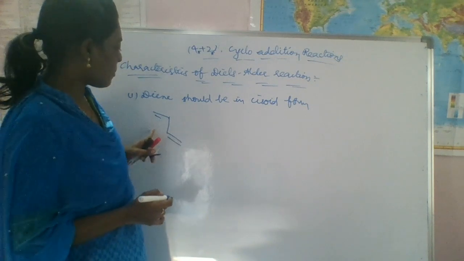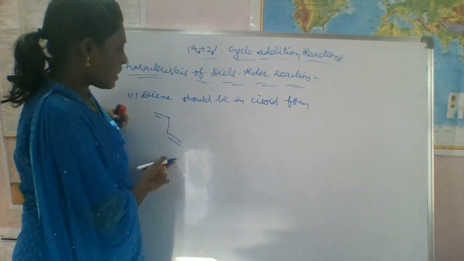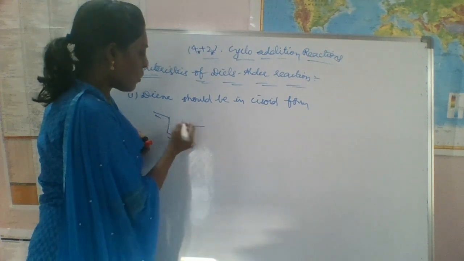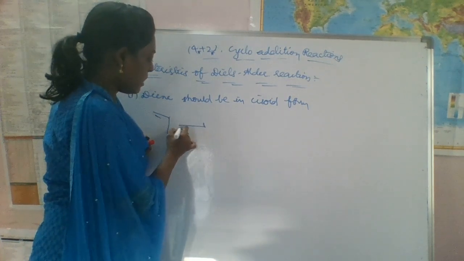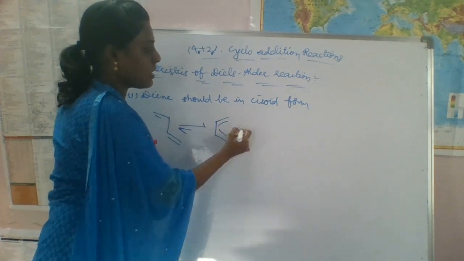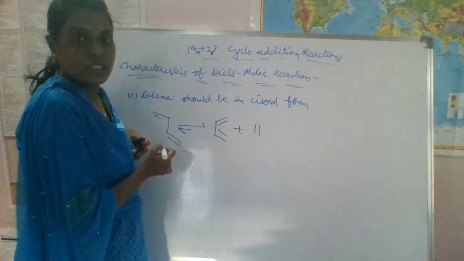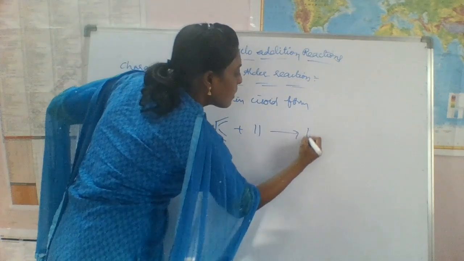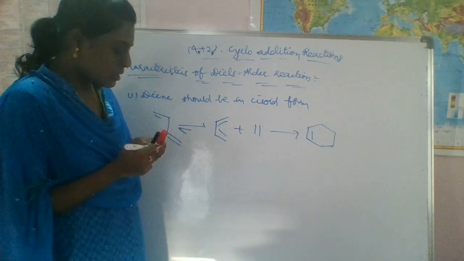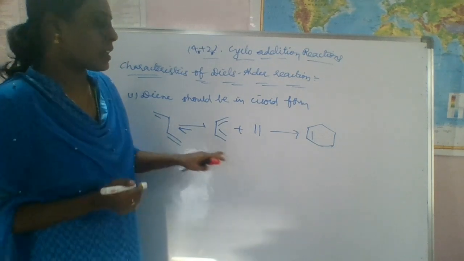It will not give product. Trans diene will not give the product. Again, what will happen? It will be converted into cis. Then it will react with this dienophile, and then it will give the product, right? Otherwise, trans will not give direct product.